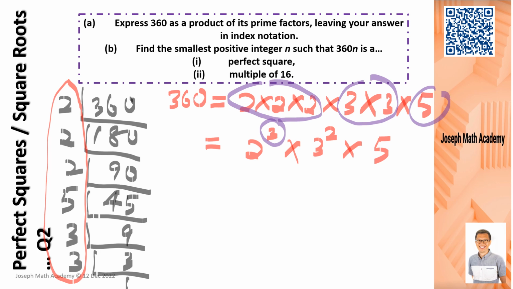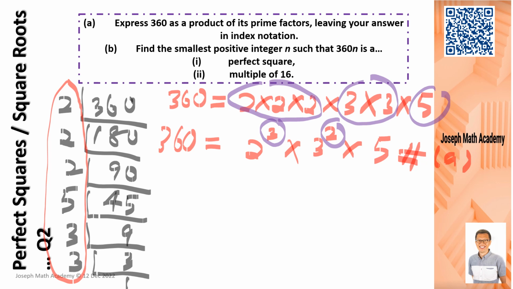Okay, I think I'm correct now. So 360 is written as 2 cubed times 3 squared times 5 alone. Right? So we have already completed part A. Okay, I'm going to move on to part B.